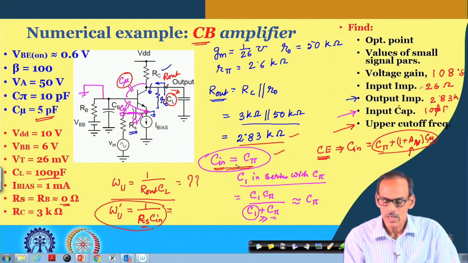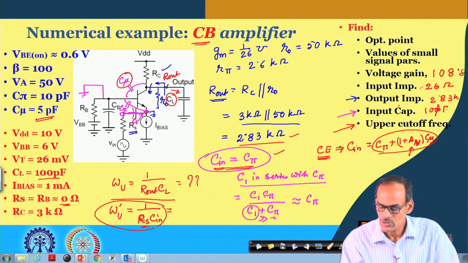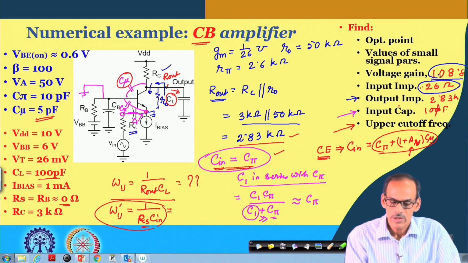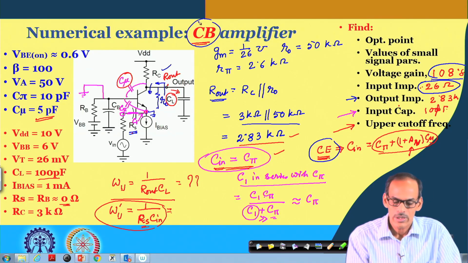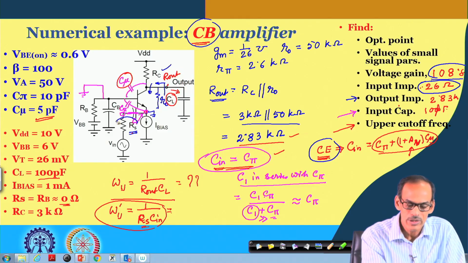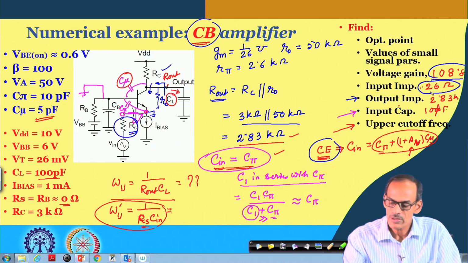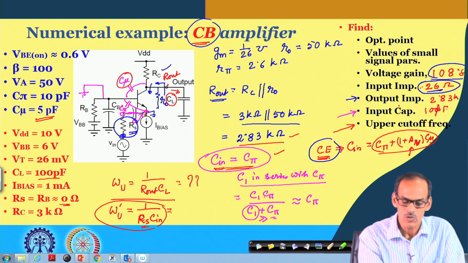Now, the next thing we have to see is that even though the voltage gain is good, input impedance is not so good. If I compare again the CE amplifier and CB, and consider a practical value of the signal source resistance, because the input impedance is low, we are expecting that from the primary input to the emitter node there will be large attenuation.